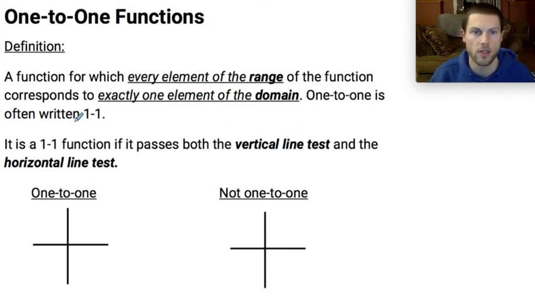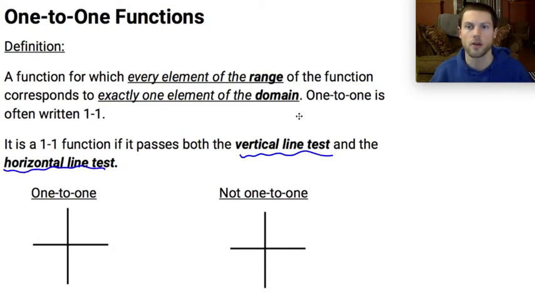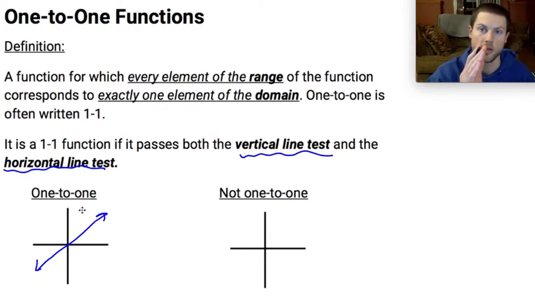One-to-one is often written like this, 1-1. A function is one-to-one if it passes both the vertical line test and the horizontal line test. This is the big kicker. In the vertical line test, we said that it's a function if a vertical line passes through all of the points and we only have one intersection.